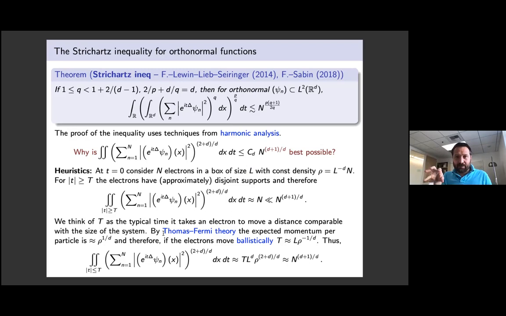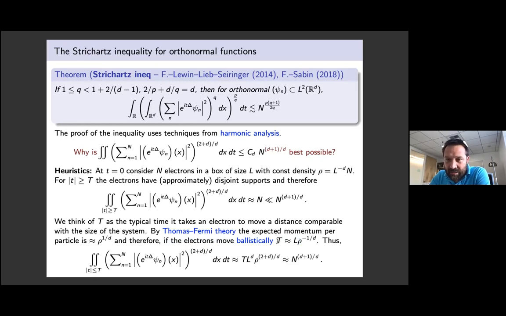That was the Thomas-Fermi approximation to the kinetic energy. So therefore, the expected momentum per particle is rho to the 1 over d, because the momentum squared integrated against all the particles gives you exactly rho to the 1 plus 2 over d. All right. So now comes an ad hoc assumption, and we imagine that these electrons move ballistically, and then this time is roughly the distance divided by this expected momentum.